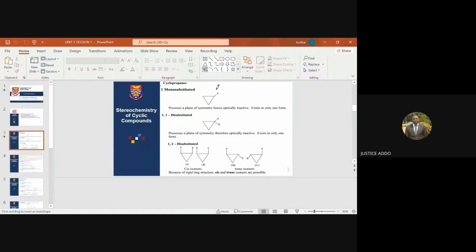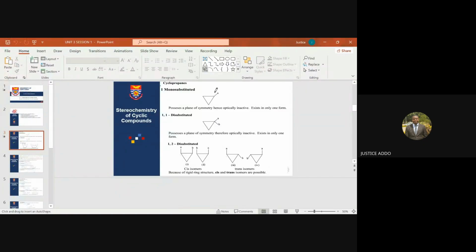And this group can be any substituent at all. It can be an OH, an NH2, a methyl group, any. Now, the stereochemistry of mono-substituted cyclopropanes is as simple as that.